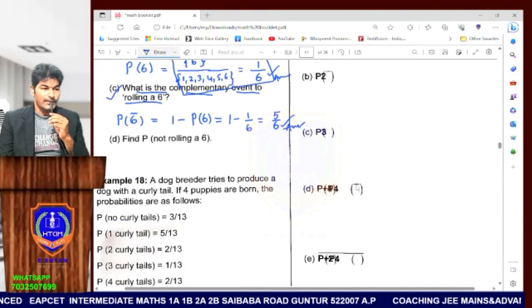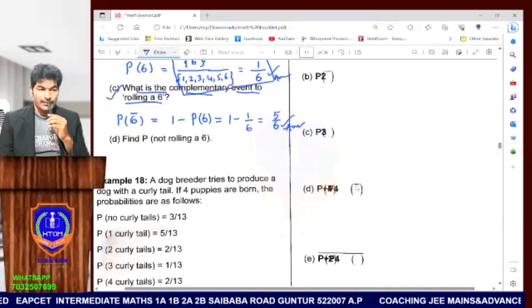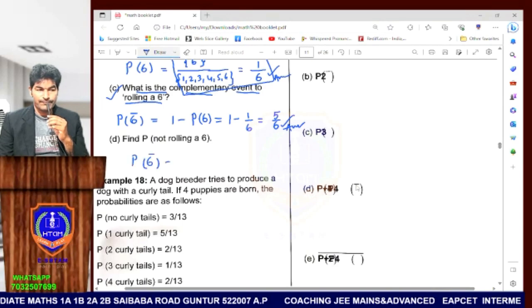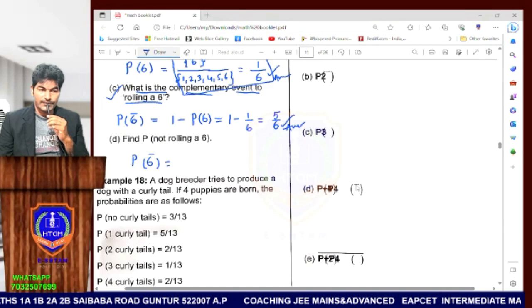And what is asked? Find P of not rolling a 6. Find the probability of not rolling a 6. Not rolling a 6 is the same as P of 6 bar. 6 bar is also called not 6.